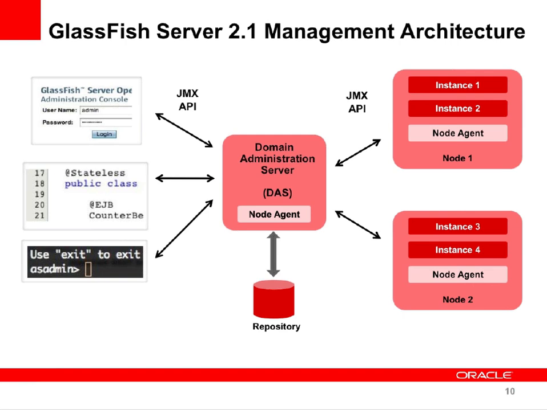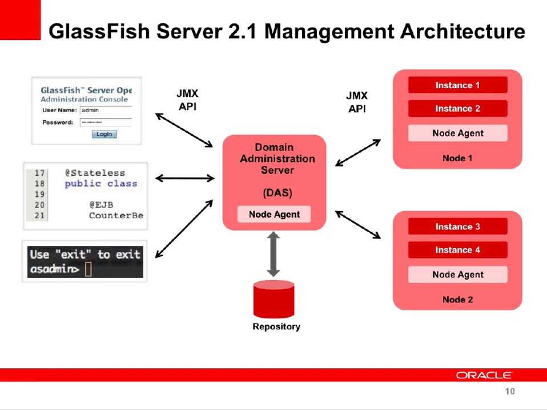Now, on the right-hand side, you see various nodes which would exist on machines out on your network. Those machines host a node agent and one or more instances. When you want to create a cluster, GlassFish will work with a node agent in GlassFish 2.1 to instantiate instances.